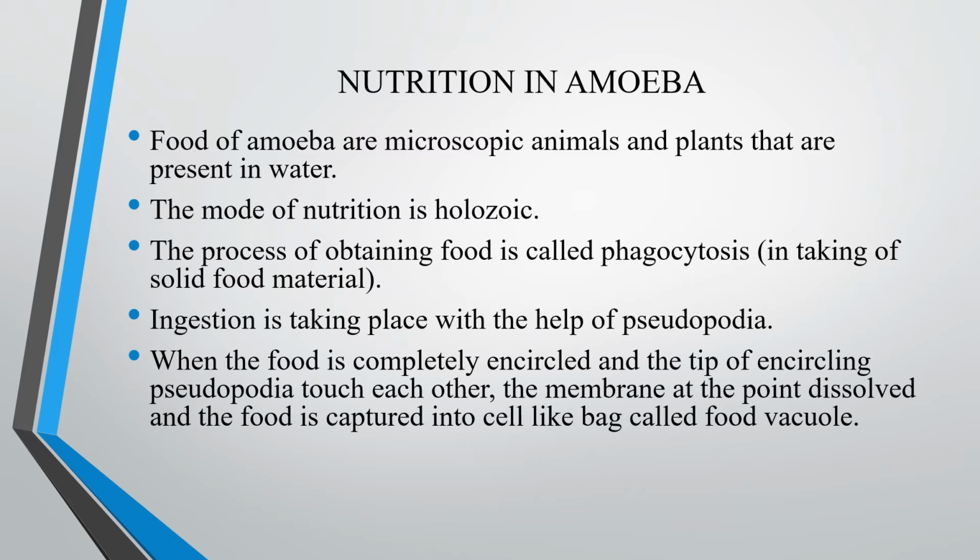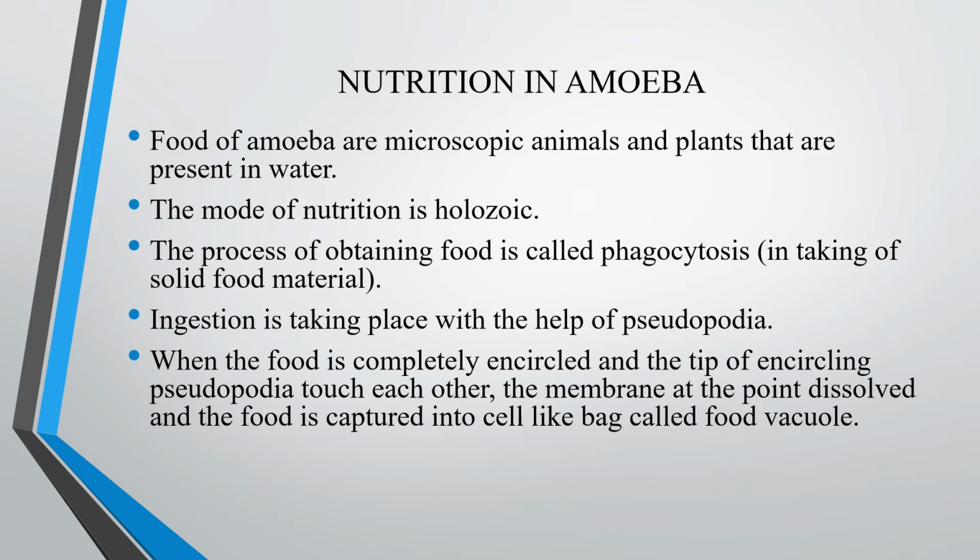Nutrition in amoeba. Already you know what type of nutrition? Holozoic. The process of obtaining food is called what? Phagocytosis. That is, the food material is in the form of a solid. Amoeba gets its food from microscopic animals and plants which are present in water. Ingestion is taking place with the help of pseudopodia, false feet protruded outside.